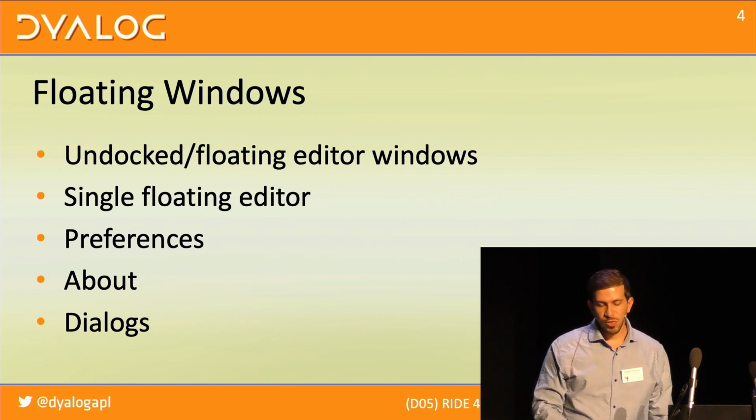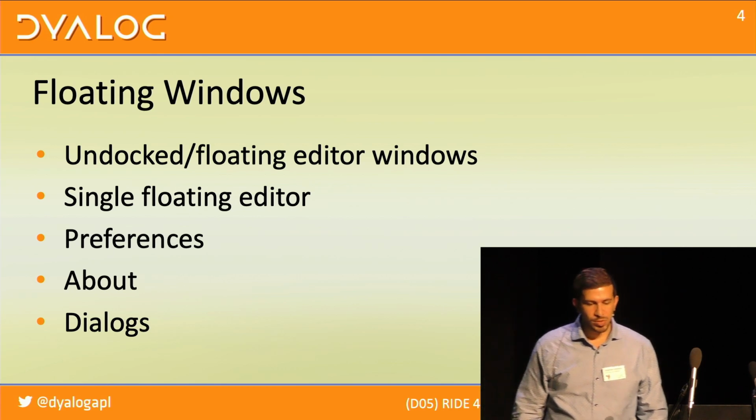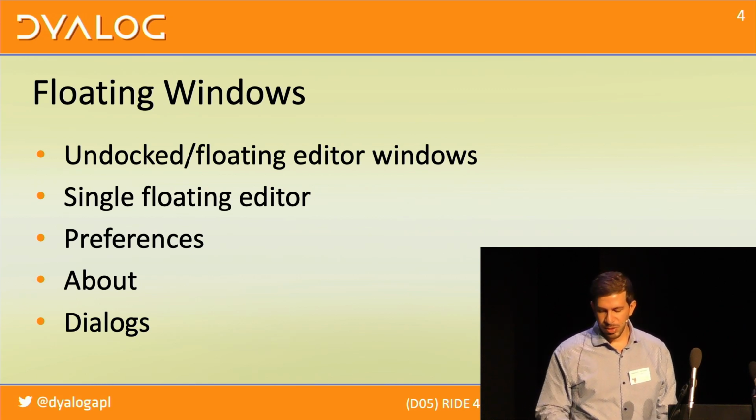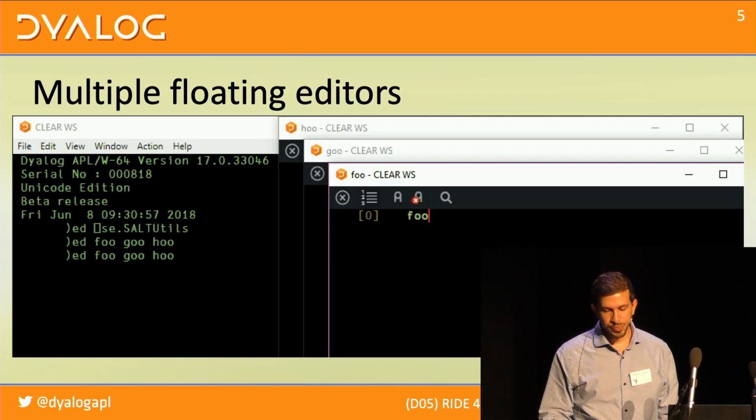And apart from the editors themselves, we've tried to make that work for other windows that appear. So warning messages, preferences, about window, the general dialog windows that pop up should all be undocked.